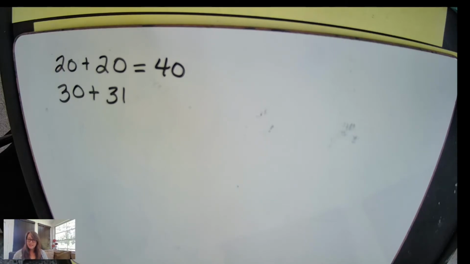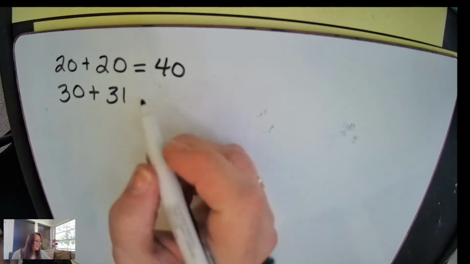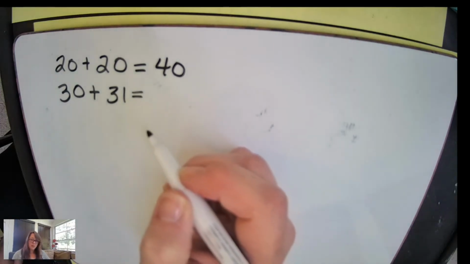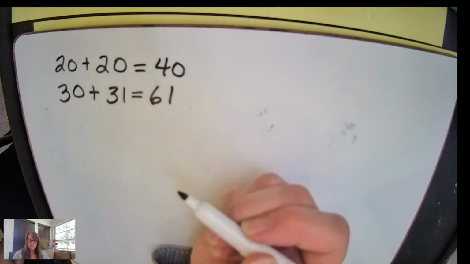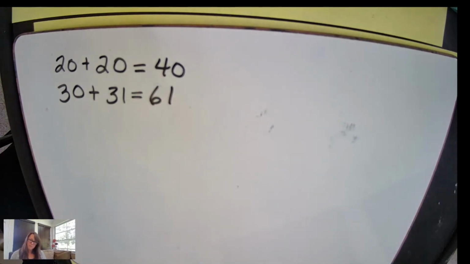Jordan says that he thinks the answer to 30 plus 31 is 61. Do we agree or disagree with 61? All right. I see that everybody agrees that 30 plus 31 is 61. Jordan, can you tell us about how you thought about this problem?